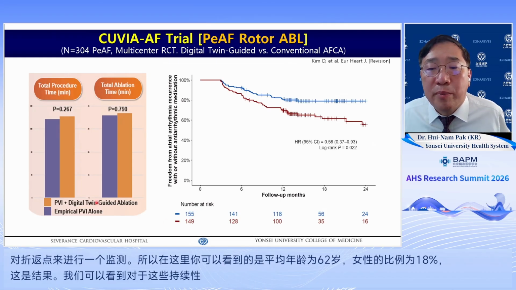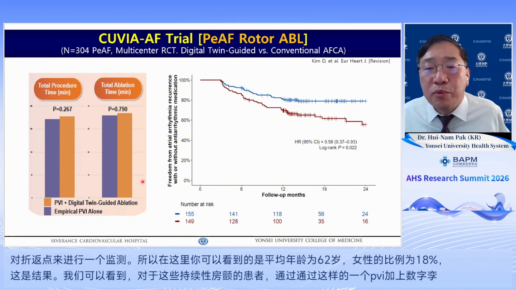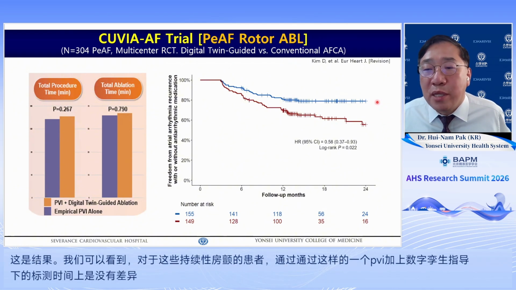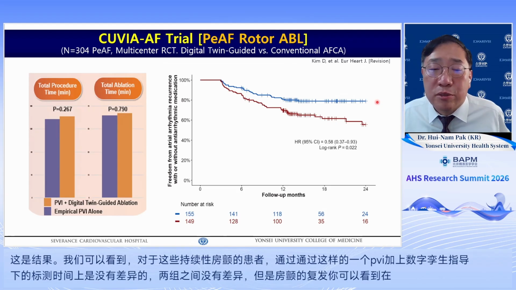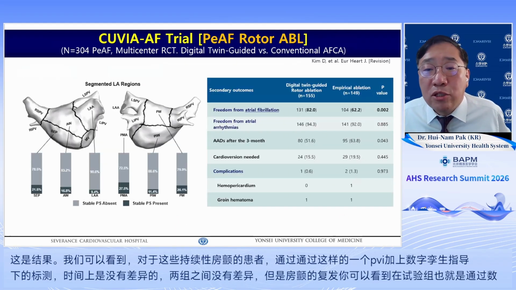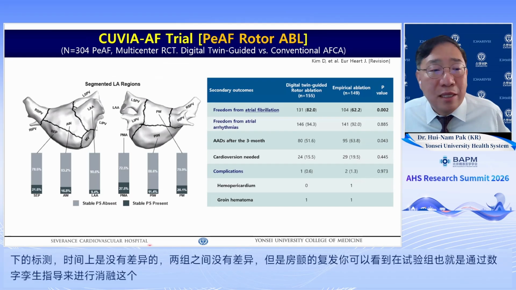Due to the small number of target rotors, there was no difference in total procedure time and total ablation time between the 2 groups. On the other hand, AF recurrence showed a 62% lower recurrence rate with statistical significance after additional stable rotor ablation. And the location of stable rotors was highest in the perimitral area, followed by the septum.